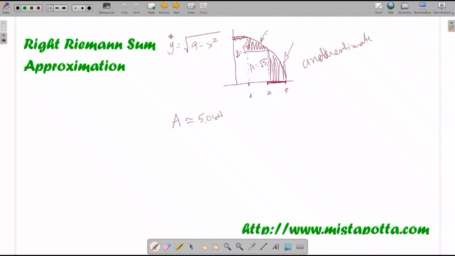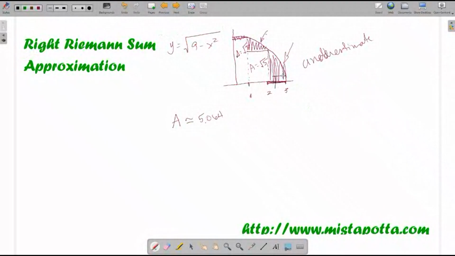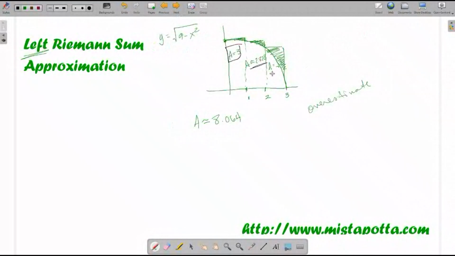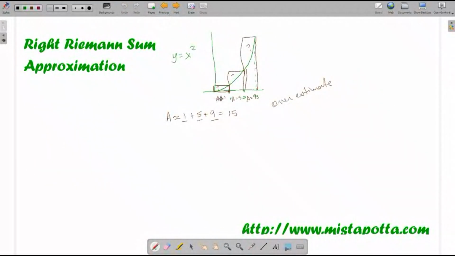Another point that I want to make here is the difference between a left Riemann sum and a right Riemann sum is this left rectangle versus this right rectangle. Notice that this rectangle and this rectangle, my middle rectangles here, are the same for each of these. They're just translated one interval over. And that was true also of our y equals x squared.